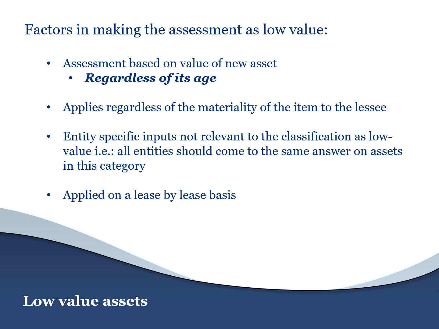Secondly, the entity applies this regardless of the materiality of the item to the lessee. So we're looking at this exemption really on the basis of the asset itself, not necessarily materiality to you as a company. Thirdly, entity-specific inputs are not relevant to the classification. In other words, what they're saying here is all companies should come to the same answer on assets in this category.